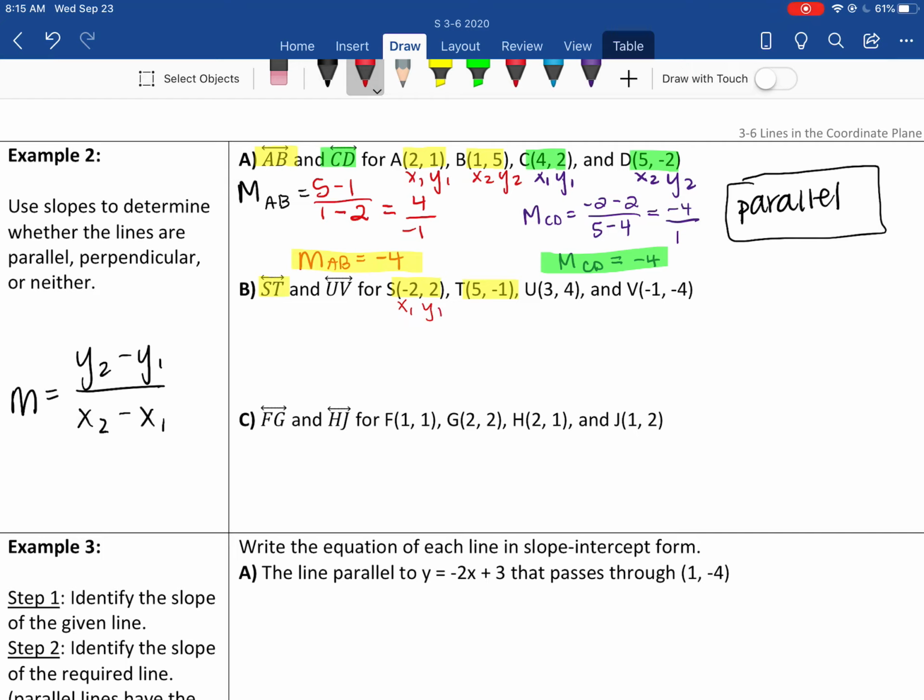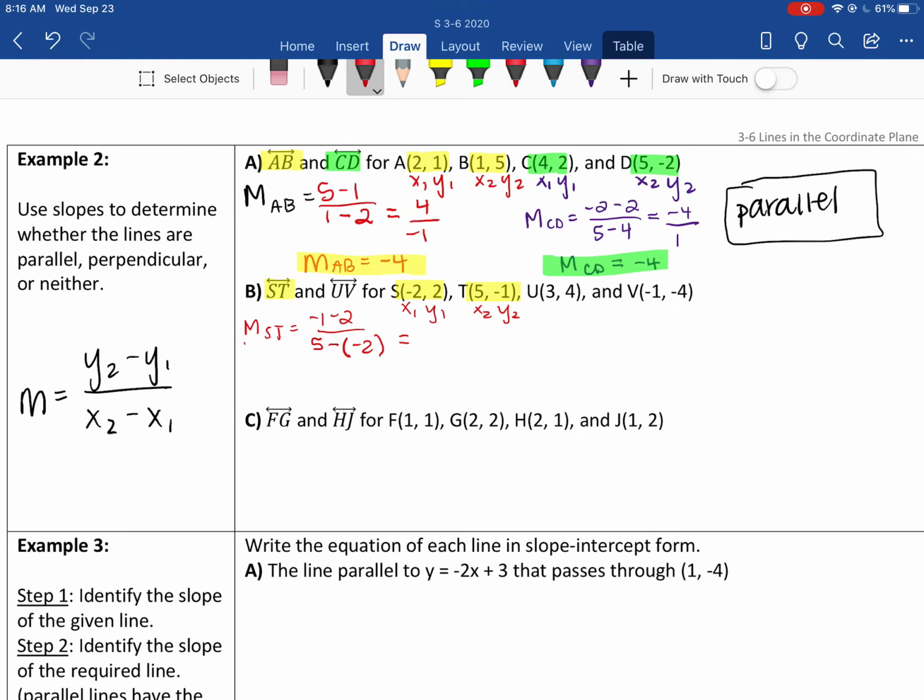So to find the slope of ST, you're going to compare this point and this point. So this is my x1, y1, x2, y2. So for my slope of ST, I have y2 minus y1, so that's -1 minus 2, over x2 minus x1, which is 5 minus -2.